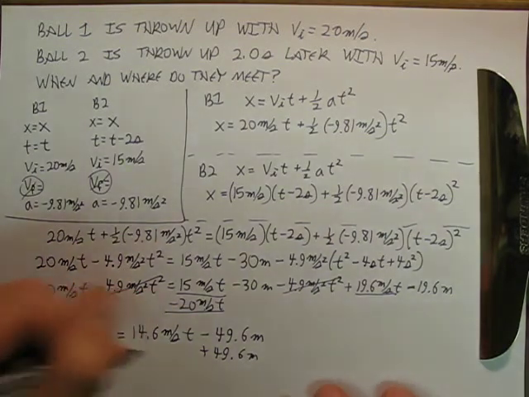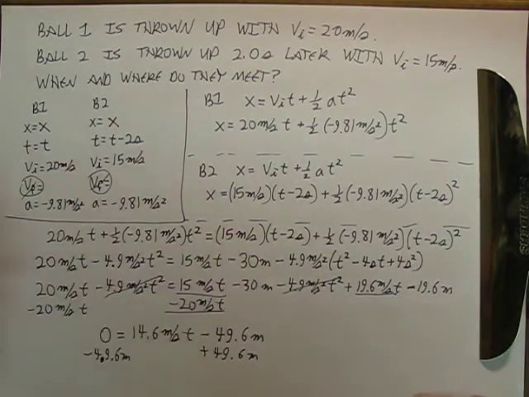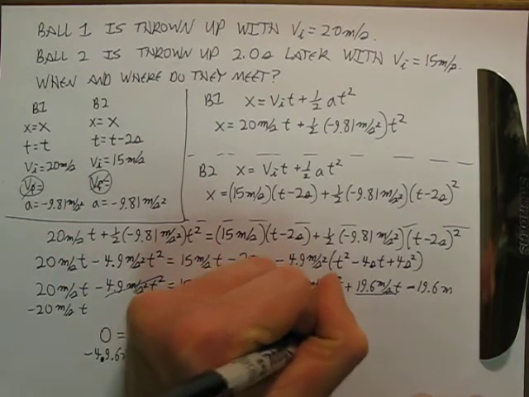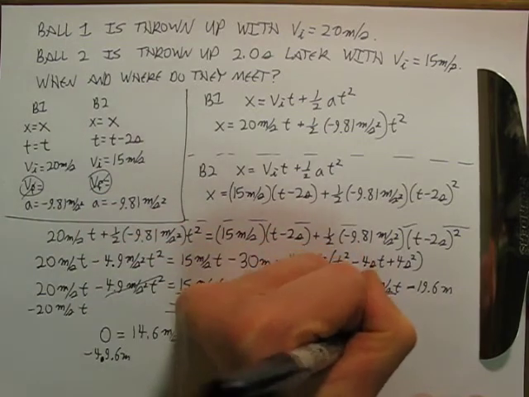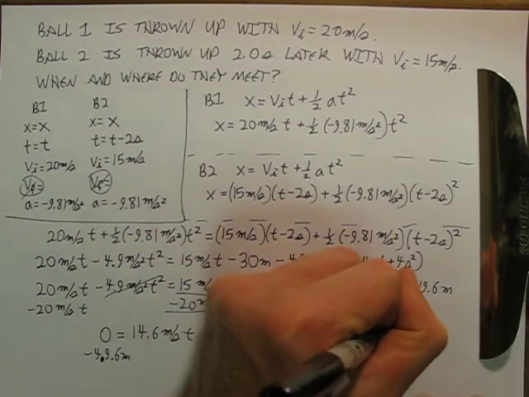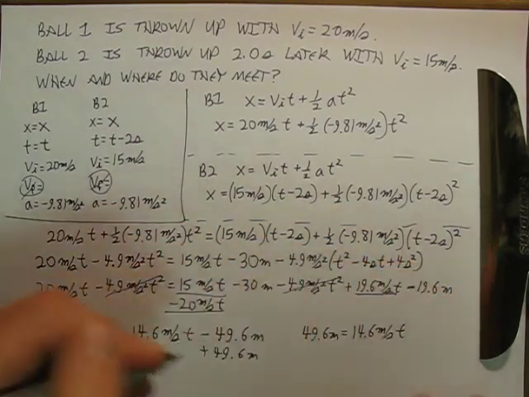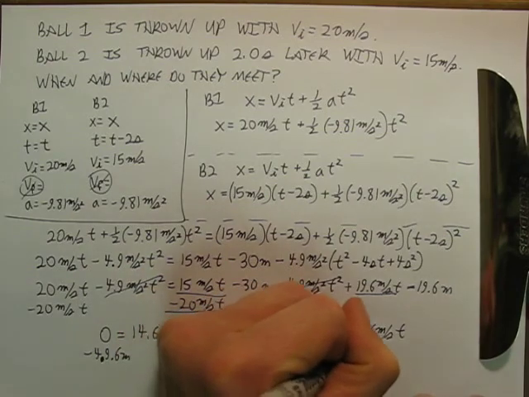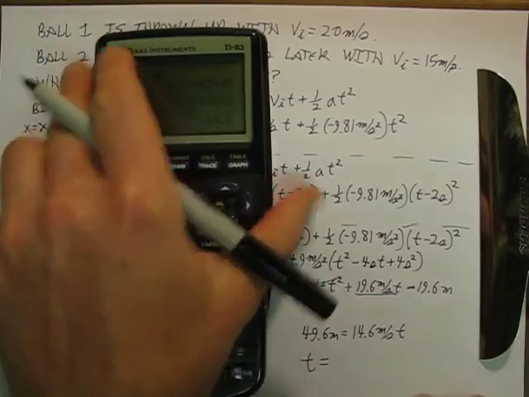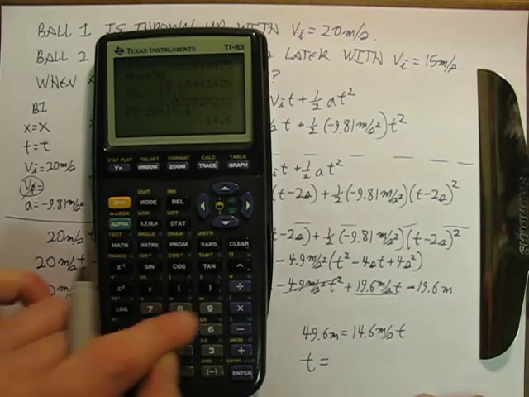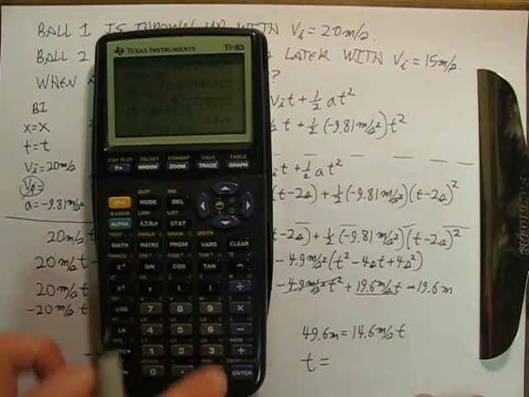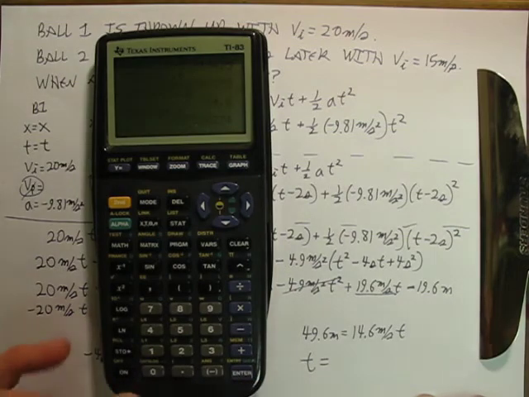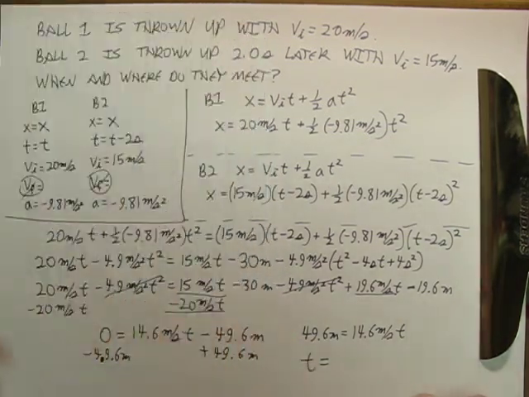And finally, now going over here, I'm going to have 49.6 meters is equal to 14.6 meters per second T, and that is going to give me T is equal to 49.6 divided by 14.6, which is going to be 3.4 seconds.